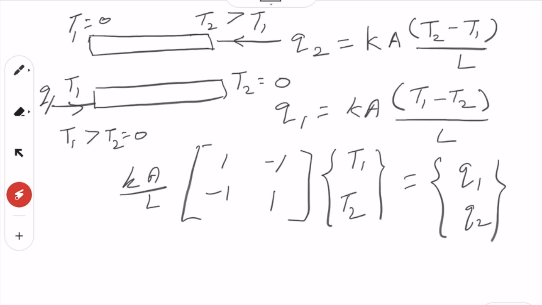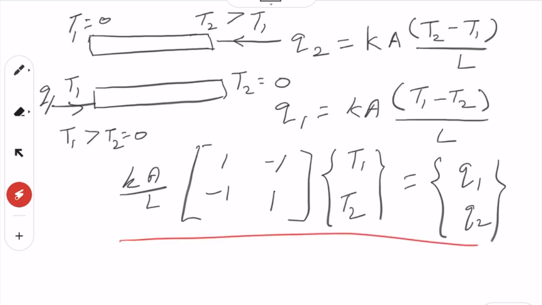Similarly, the second equation, Q2 is equal to K A over L, then T2 minus T1, or minus T1 plus T2, which is the same thing. So we have T1 multiplied by minus 1, so minus T1 plus T2, and this becomes T2 minus T1.